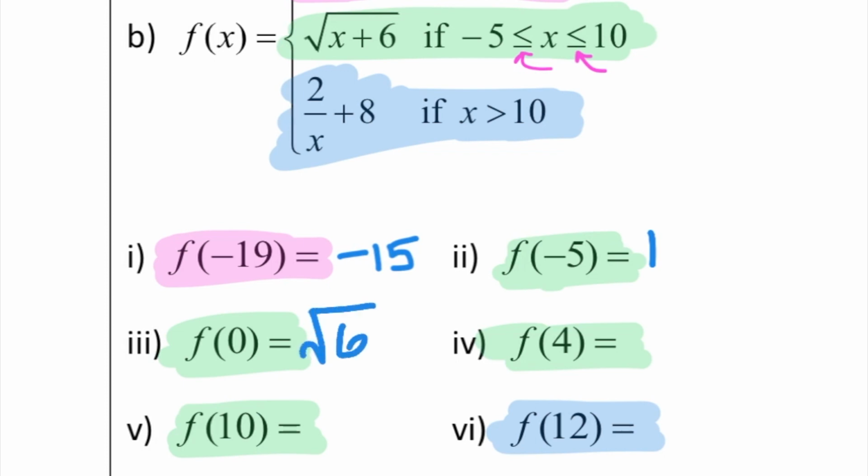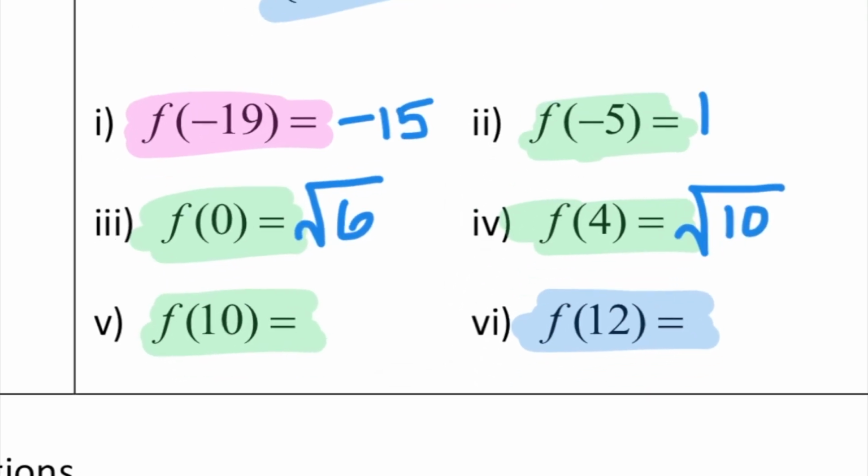And leave the answer as an exact answer, which means that it's radical 6, not the decimal rounded answer. Same thing with f of 4. 4 plus 6 is 10. You can't simplify radical 10, and so it's just radical 10. And then 10 plus 6 is 16. So in this case, you're going to say, oh, I recognize that the square root of 16 is 4, and so your answer for part 5 has to be 4.